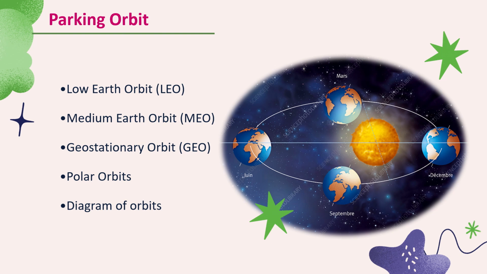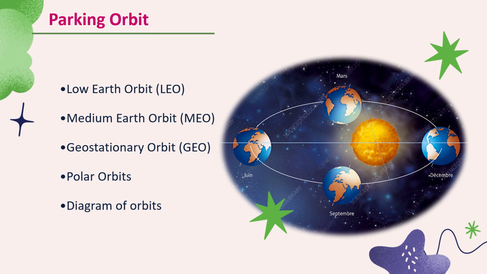So here, low Earth and medium Earth orbits are nearly closer to Earth. Geostationary satellites stay above the same point on Earth.